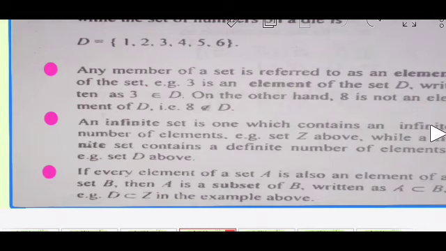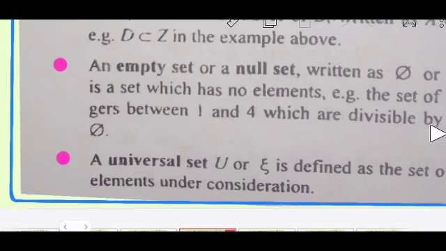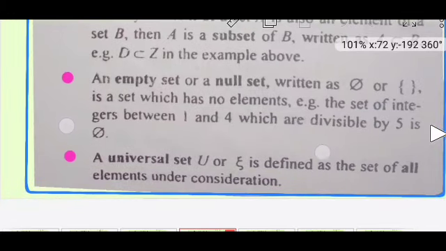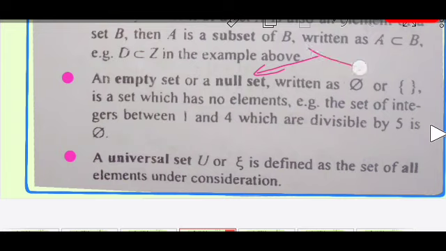It says now an empty set or a null set, written as this. Okay, I'll write that out now. Whenever you see this or this, it always represents an empty set.